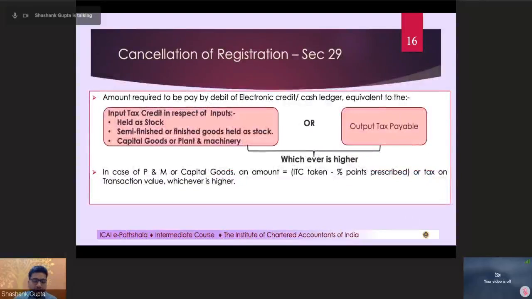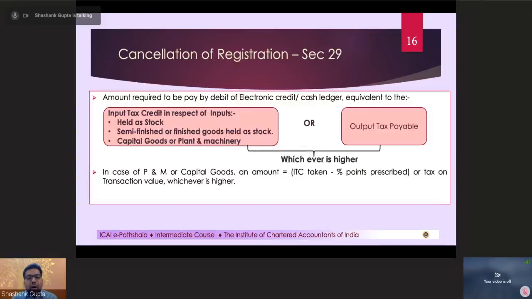Okay. So what is the procedure? What are the preconditions at the time of cancellation of registration? If any person is opting for cancellation of registration, then the input tax credit equivalent to ITC on inputs as well as capital goods needs to be paid back to the government.